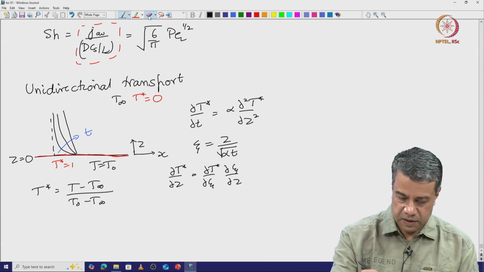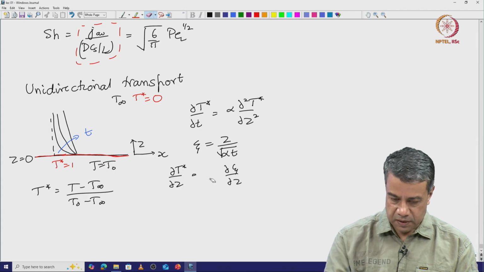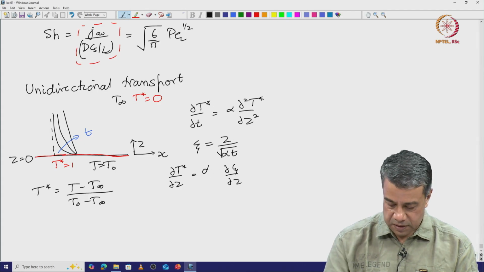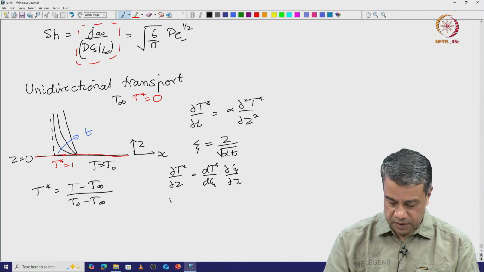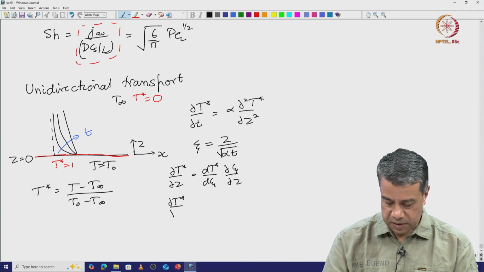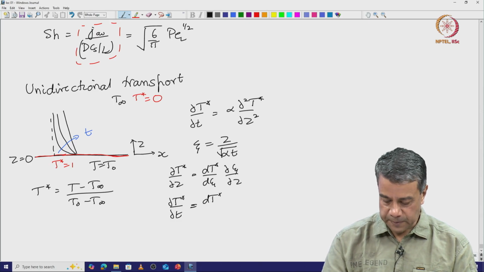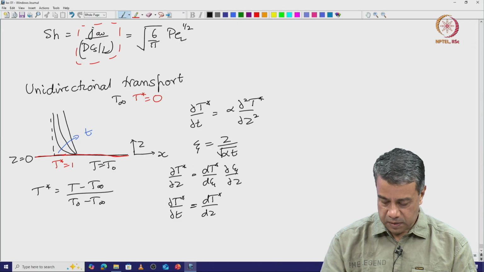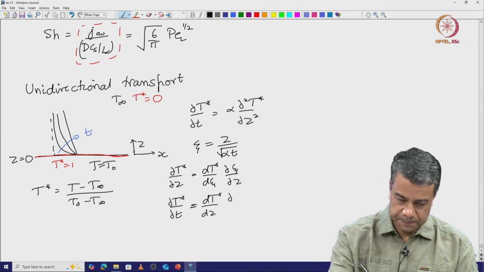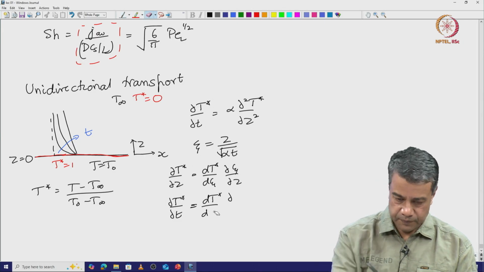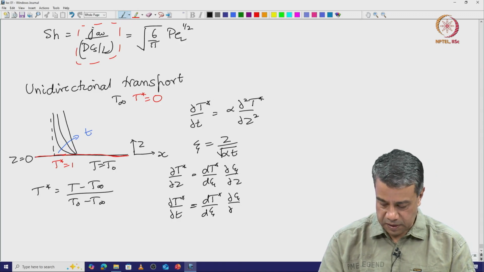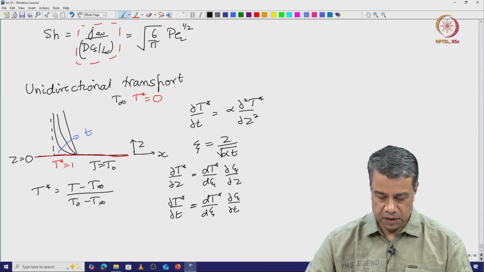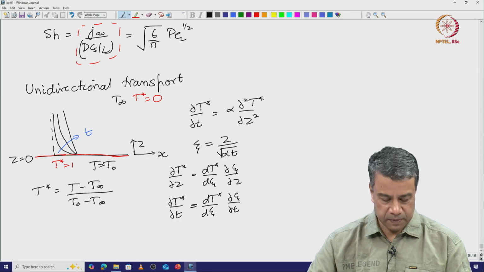If it is dependent only on a single variable, then I should write this as the total derivative, and similarly partial T star by partial t is equal to dT star by d psi times partial psi by partial t, and so on, and we had used this to solve the problem.